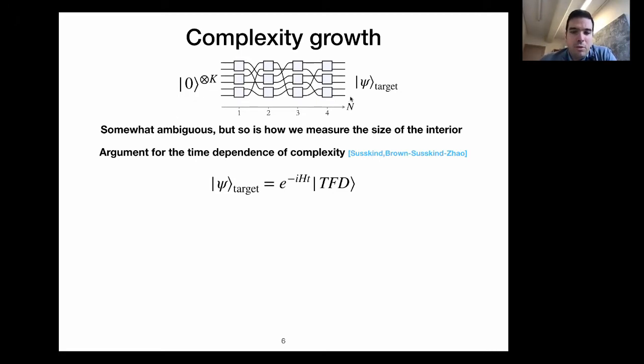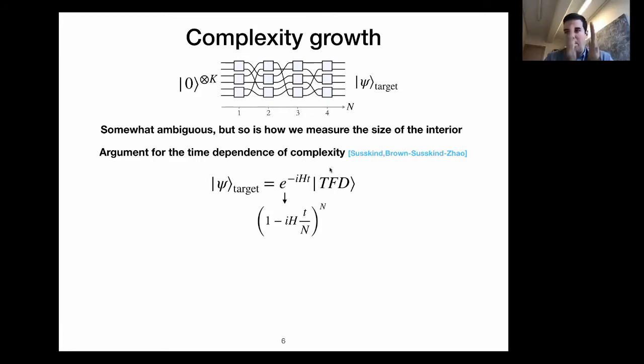So let's focus on this complexity quantity now and just discuss how the time dependence of this quantity looks. Now I will just review some simple argument for the time dependence of this complexity. First of all, you can think about this time evolution operator as a kind of quantum circuit.